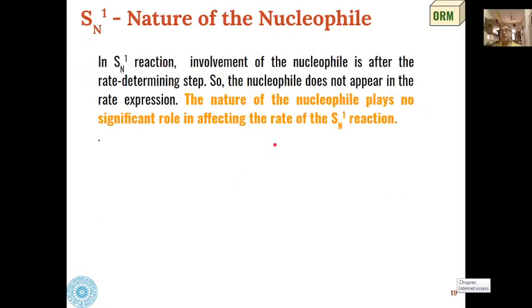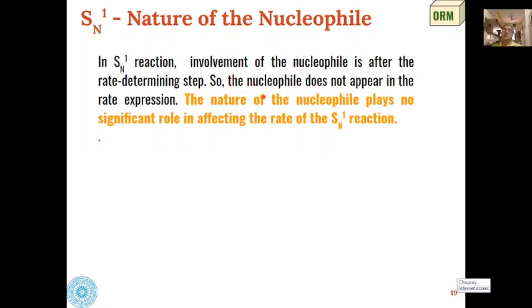Then the effect of the nucleophile on SN1 type of reactions. As we have seen, in case of SN1 reactions, the rate determining step is the first step, where the substrate changes into the carbocation, and the nucleophile does not appear in the rate expression.